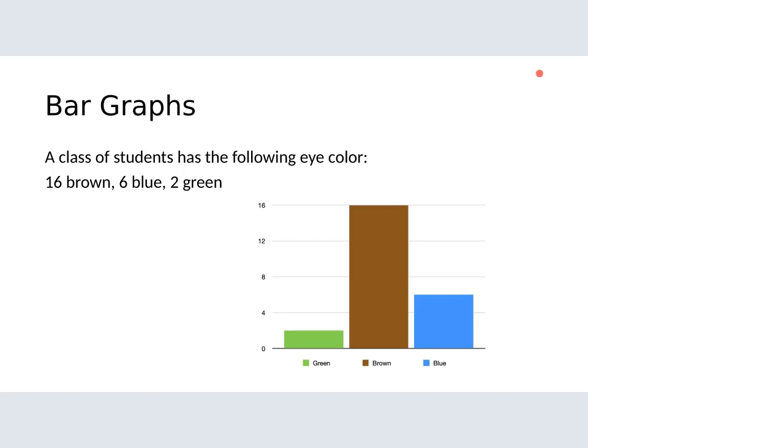Well, if we just picked up that green bar and moved it over here, that would be just fine. We can put these categories in any order we want because the order doesn't really make a difference. If I want to rearrange them so that it's this way, it's perfectly fine to recreate my bar graph so that that's the way that it looks.